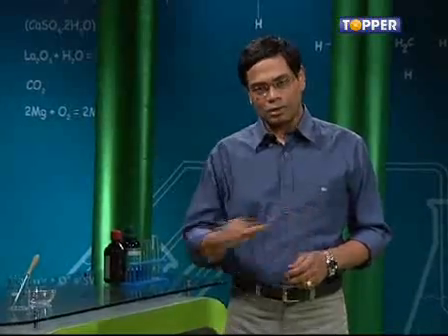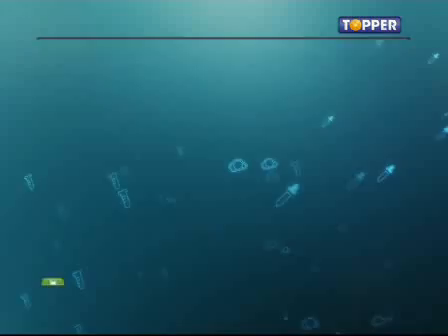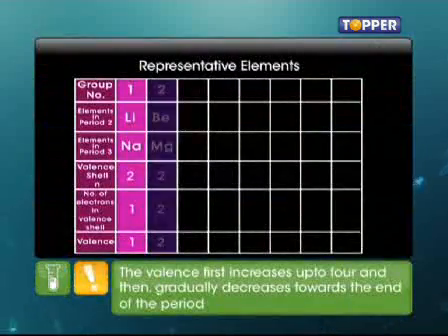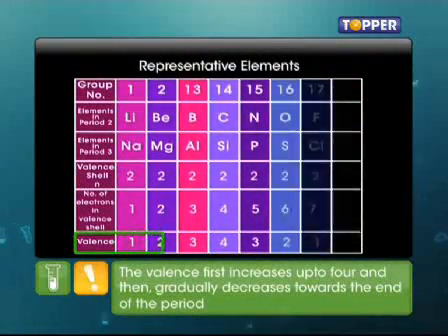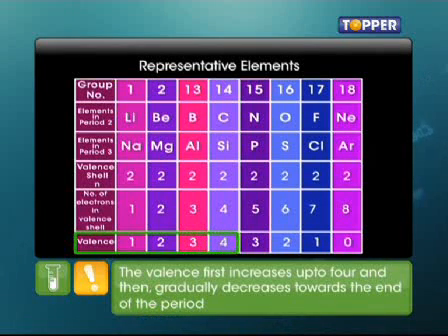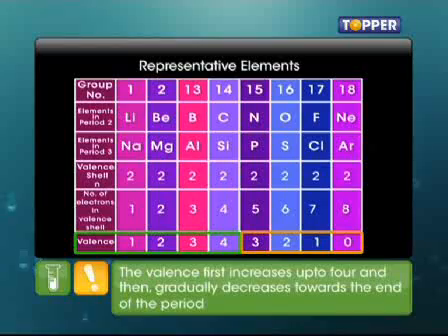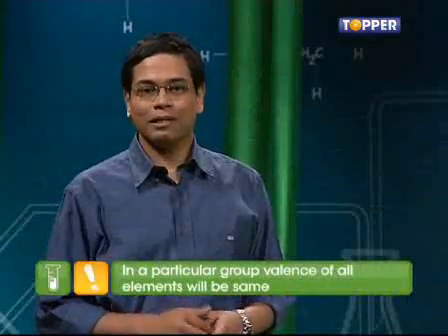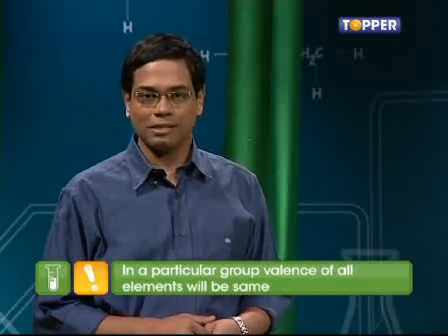The interesting part is that the valence of representative elements follows a particular pattern both across a period and down a group. If you observe, you will notice that the valence first increases up to 4, then it gradually decreases towards the end of the period. In a particular group, the valence of all the elements will be the same.